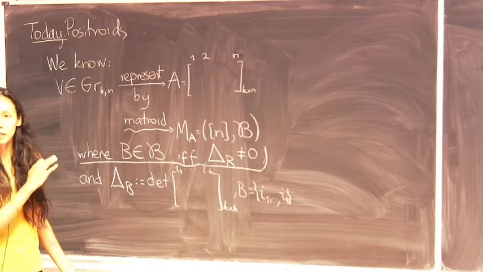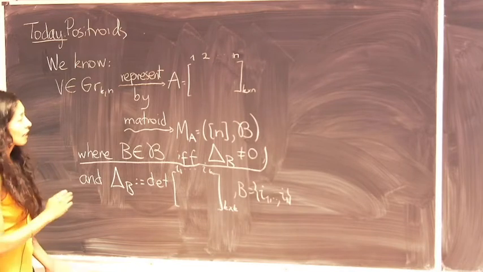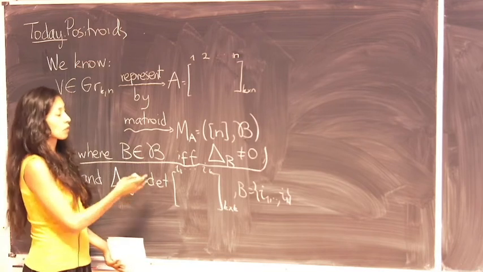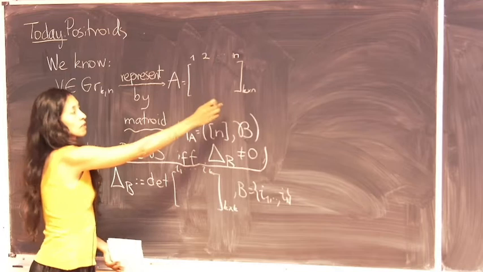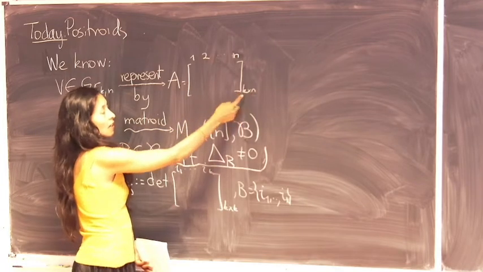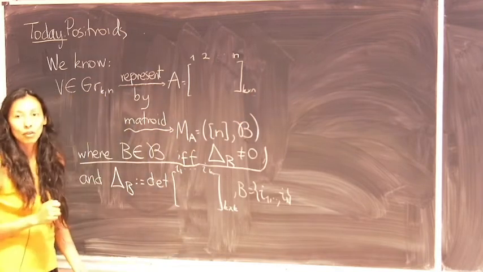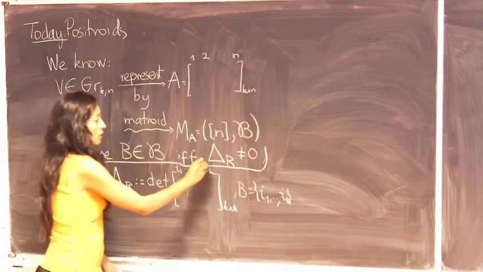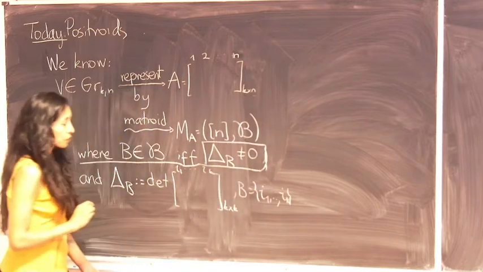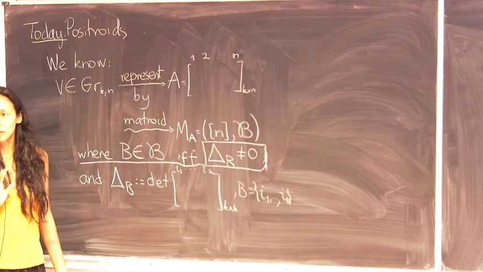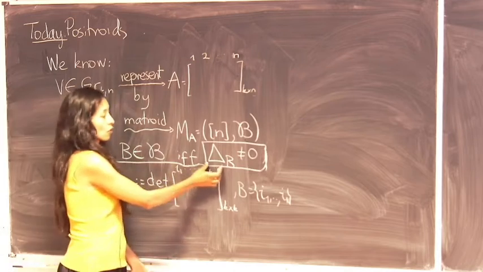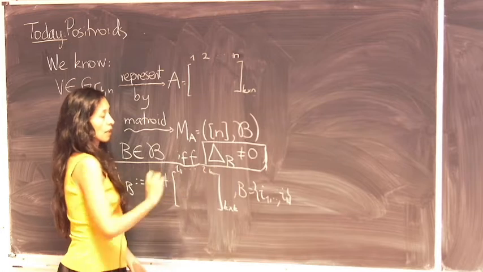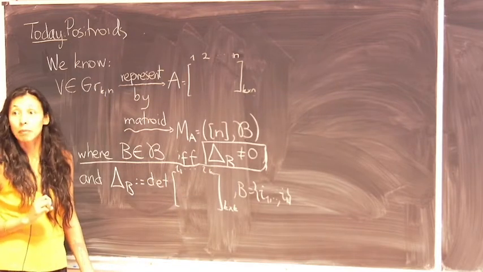Okay, so this is the recap from yesterday. And any representable matroid arises this way: any representable matroid on ground set [n] of rank k can be thought of as a point in the Grassmannian Gr(k,n). This notation is new, so if it's not clear, please let me know. Basically, you're taking a k by k determinant formed by the submatrix whose columns are indexed by the elements in B.